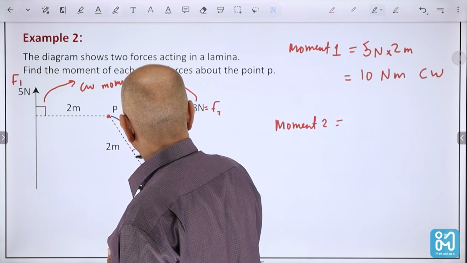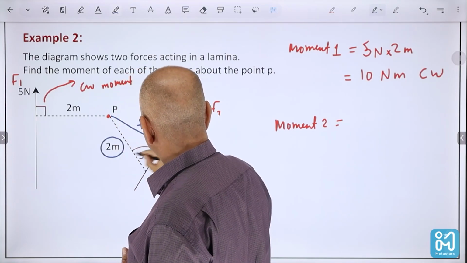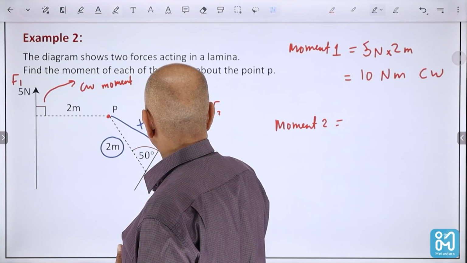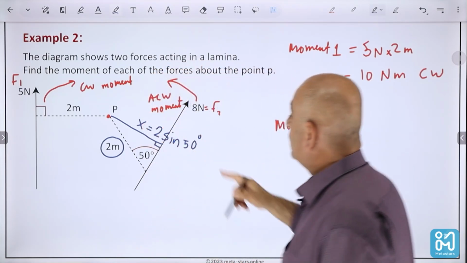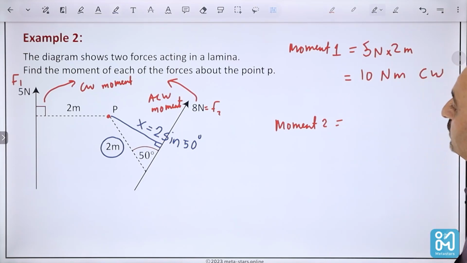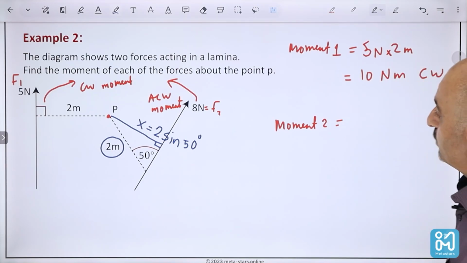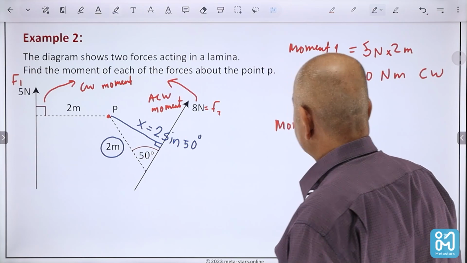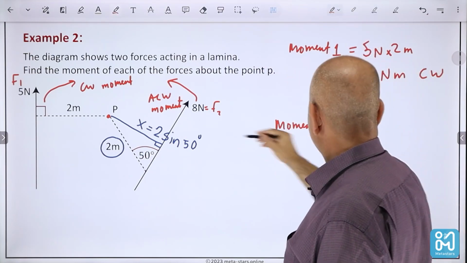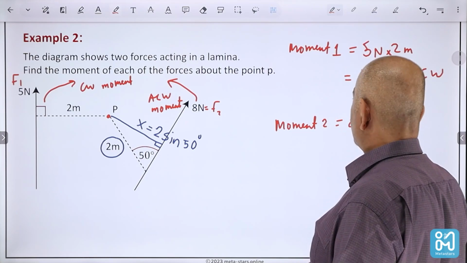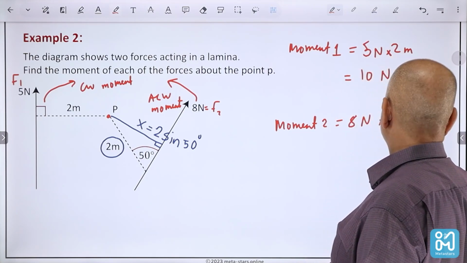So you're going to have to find x. x equals 2 sine of 50, and I have taught you how we got that from right triangle trigonometry. So the moment is force, which is 80 newtons, times 2 sine of 50.